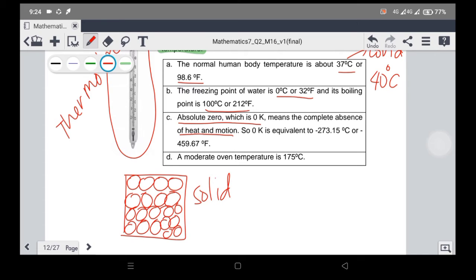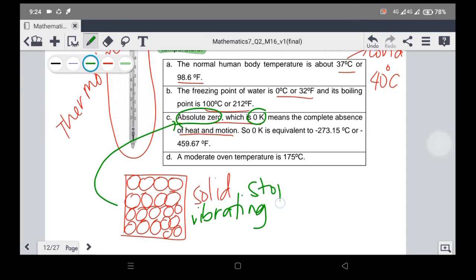So when an object reaches absolute zero, 0 Kelvin, the molecules stop vibrating. They no longer move. That is why it is a complete absence of heat and motion.